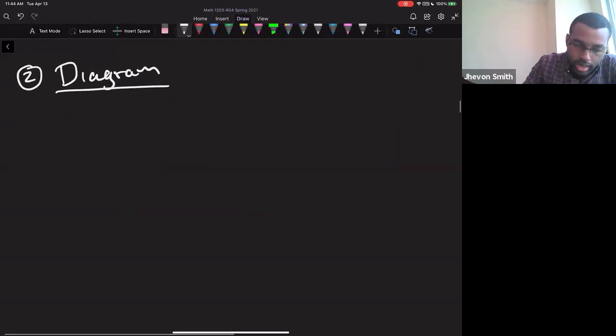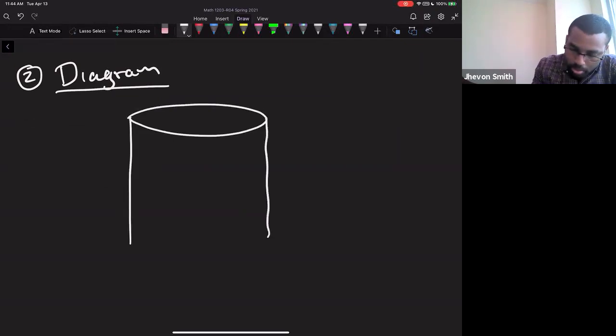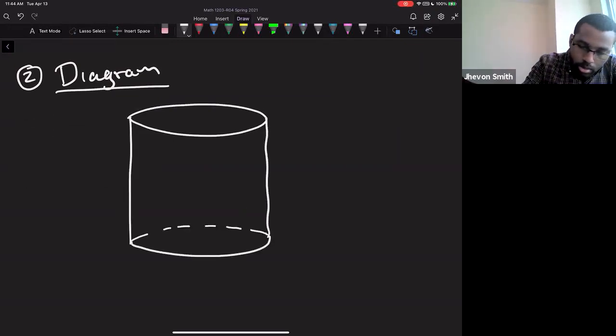In this case, it is a right circular cylinder. And that means it's a circle propagated along some axis. And that axis is at 90 degrees. It will have a radius.